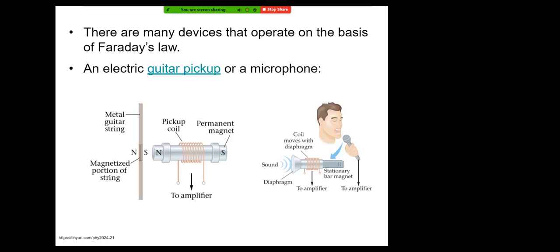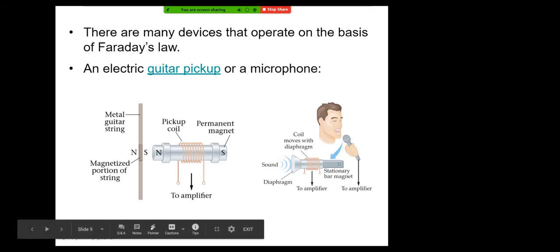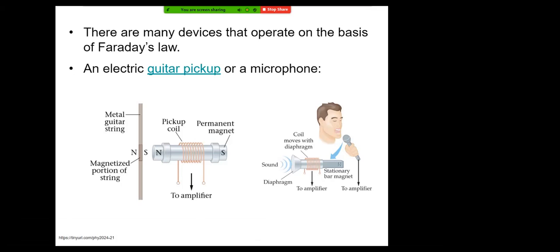That pushes the magnet back and forth, because the two interact: like poles attract each other and opposite poles repel each other. That induces motion of the magnet relative to the coil, so there will be an induced EMF in the coil. It is sent to the amplifier, carrying the frequency of your guitar string, which determines the tune, and is amplified.